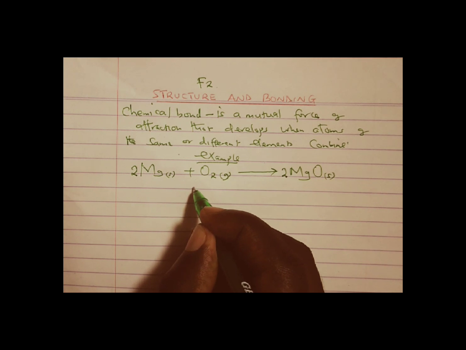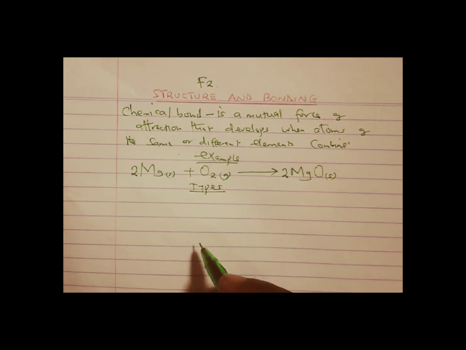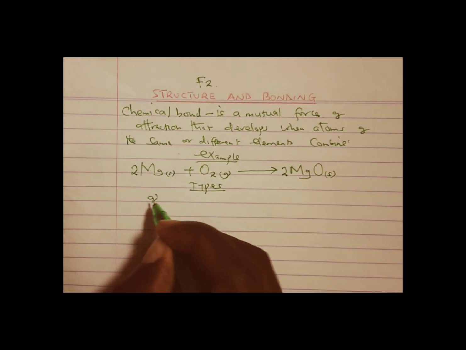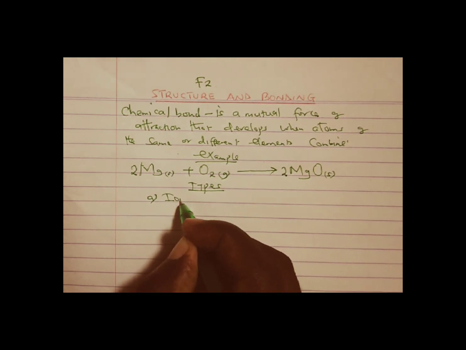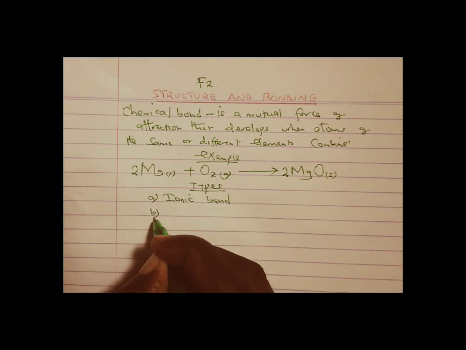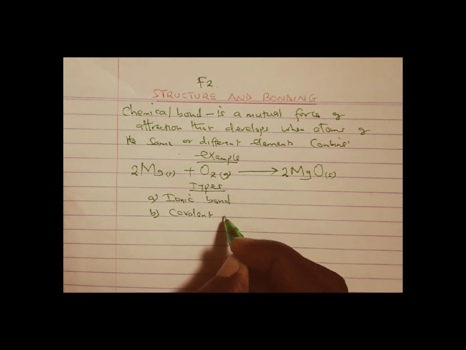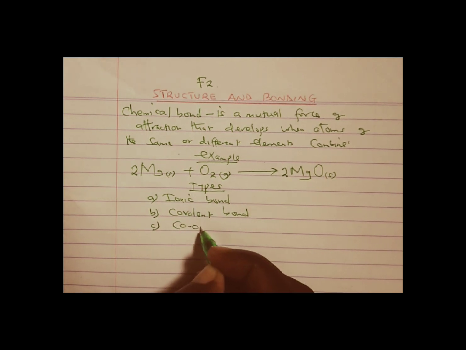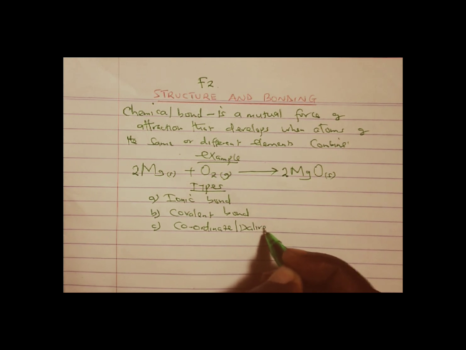Let us look at types of chemical bonds. We have 4 major types. 1, we have an ionic bond. 2, we have a covalent bond. 3, we have a coordinate, also known as dative bond.